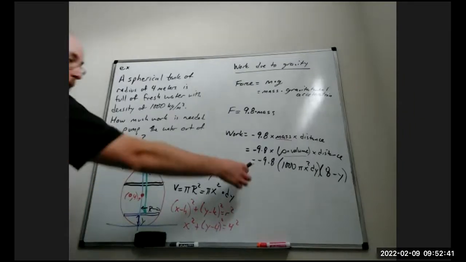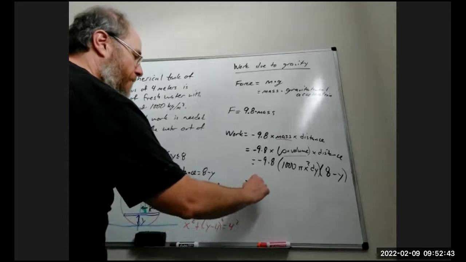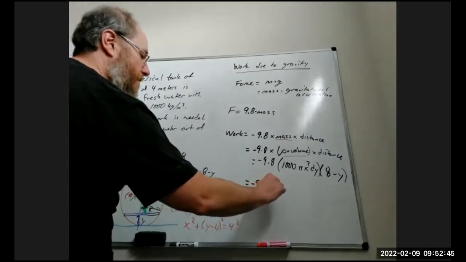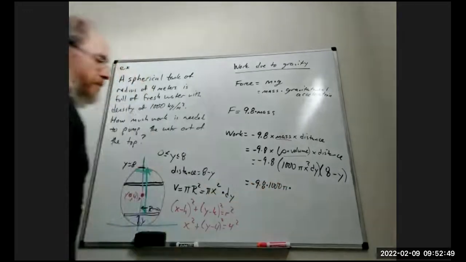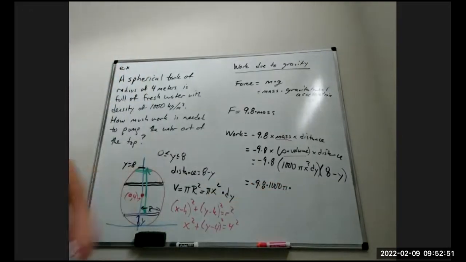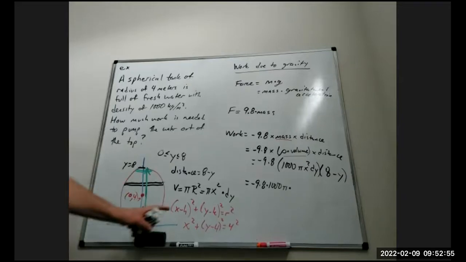So if I do that and put that over here into my work for my one little slice, I have the negative 9.8, I've got the 1,000 pi, and the x squared I'm going to go ahead and square and simplify just because I can.